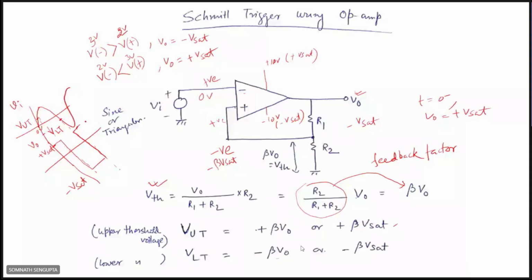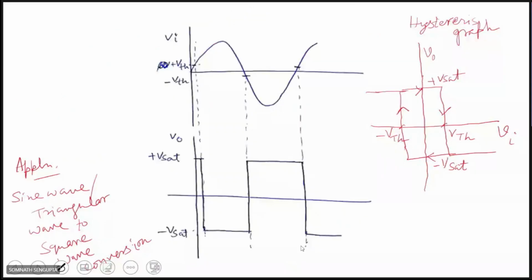So this way you see, when the input voltage again crosses this threshold voltage, there will again be switching and the state changes. So what happens? The sine wave is converted to a square wave. What I have shown, I have drawn in a better way in this diagram.